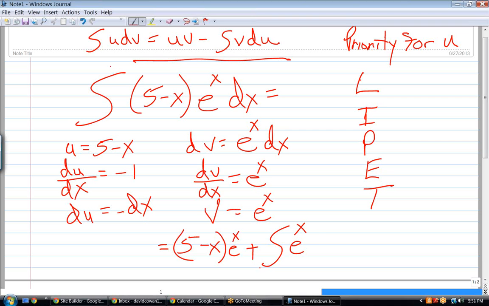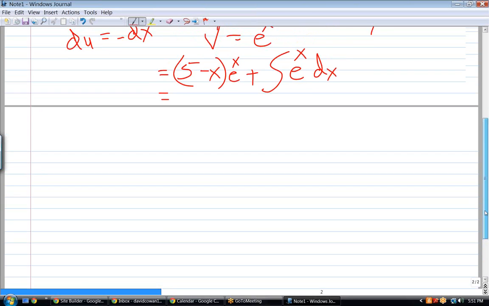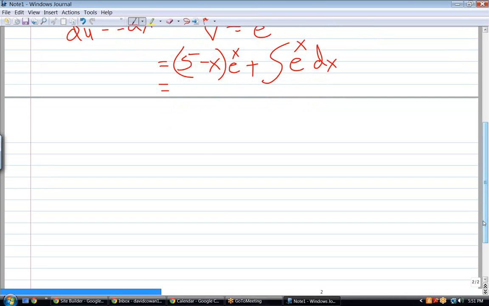So it turns that into a positive. So what's the final answer? (5 minus x) e to the x plus the integral of e to the x dx.